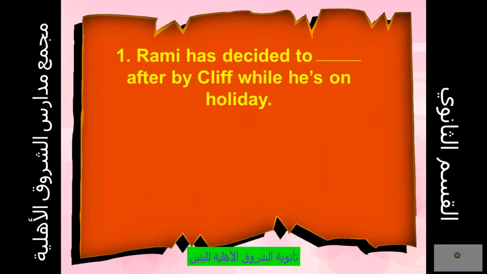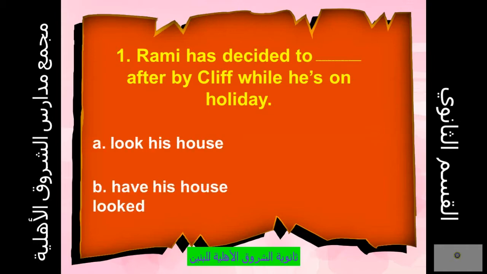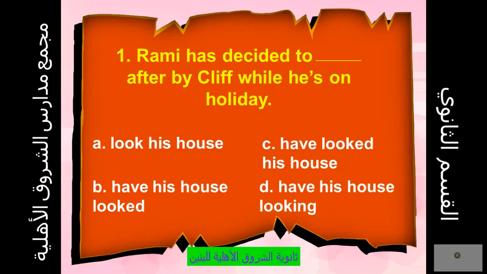Question number 1. Rami has decided to space by Cliff while he is on holiday. Look his house. Have his house looked. Have looked his house, or have his house looking. The right answer here is: Rami has decided to have his house looked after.